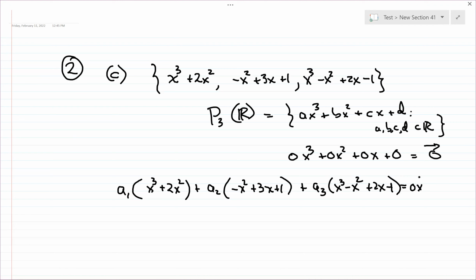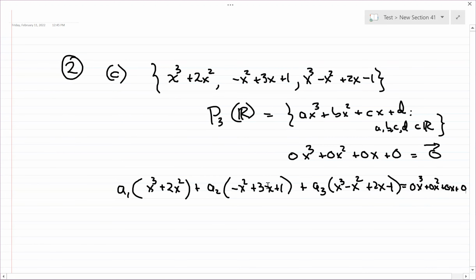We set it equal to that. One solution for sure would be 0, 0, 0. If that's the only solution, then these polynomials are linearly independent. If there's a solution of a1, a2, and a3 where they're not all 0, then they're linearly dependent.